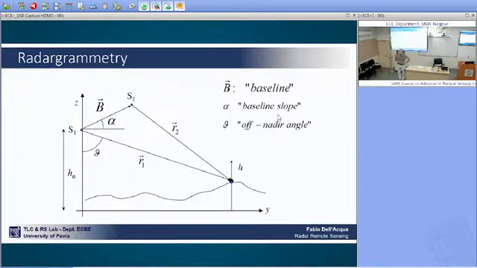And the distance between S1 and S2, between the two passes of the satellite, must be in the same so-called orbital tube. So the tolerance area for the satellite pass is on the order of meters or tens of meters.